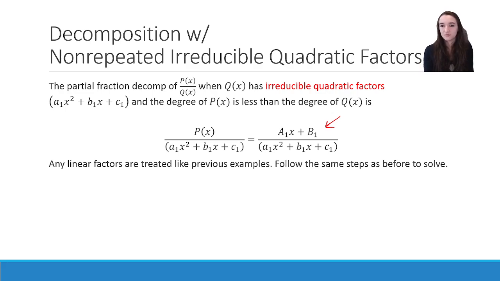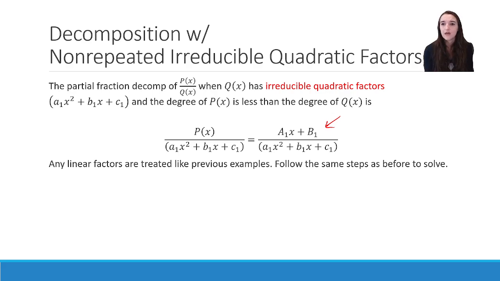That's what irreducible means, is we can't factor this, at least not with real numbers. If there's an irreducible cubic, then we'll have an x squared term on our numerator. If there's an irreducible fourth power, then we'll have an x cubed term in our numerator, etc. So all of that is something we can think about.